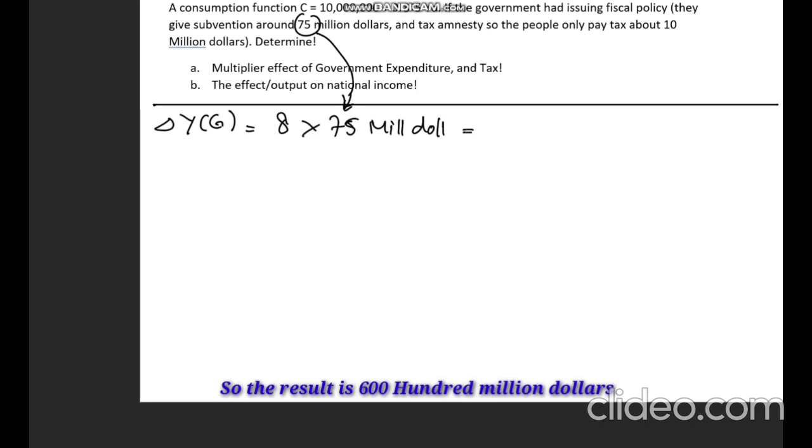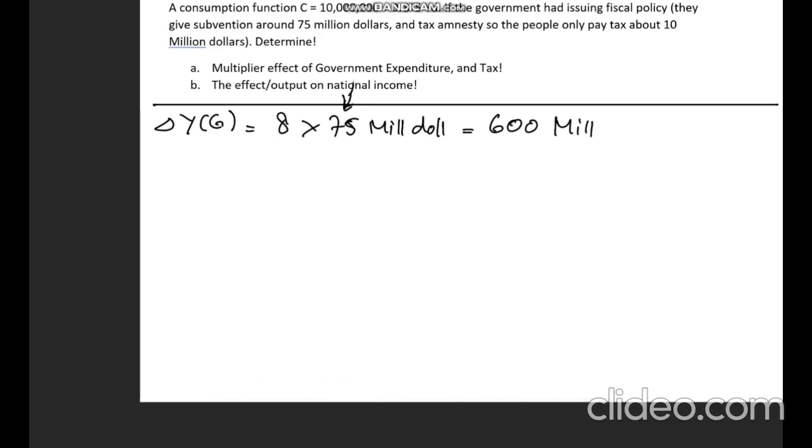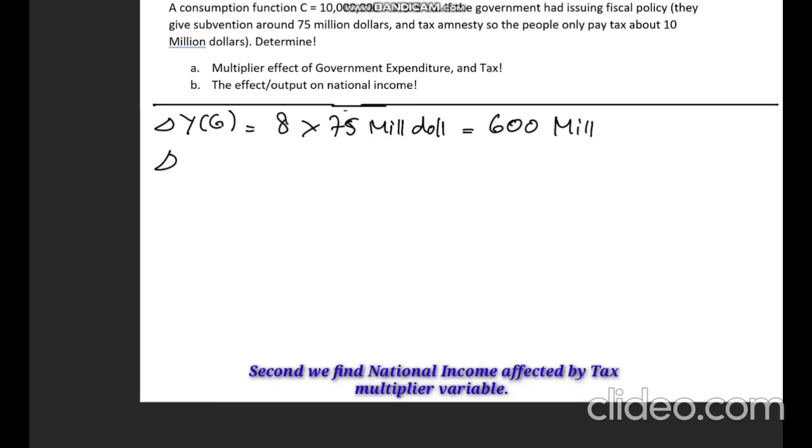So the result is $600 million. And the second one, we find the national income affected by the tax multiplier variable.